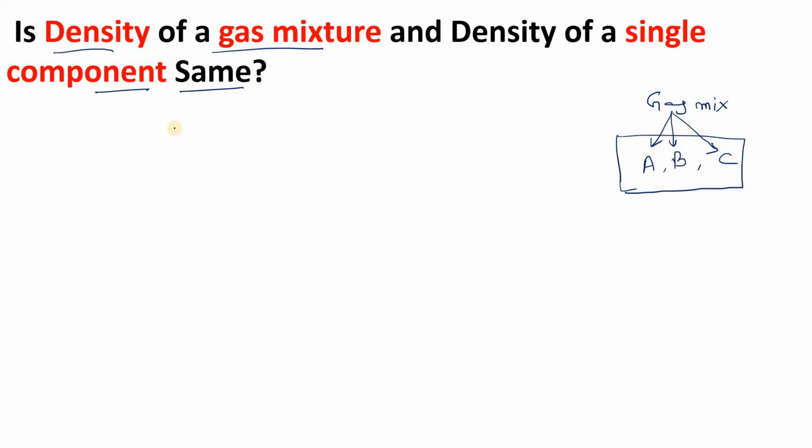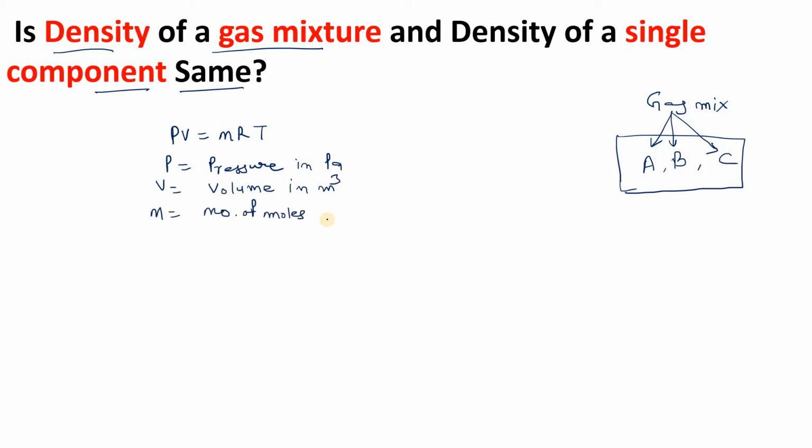So what is the ideal gas equation? The ideal gas equation is PV equals nRT, right? Where P is the pressure, let's suppose the unit is Pascal. V is the volume in cubic meter. n is the number of moles.